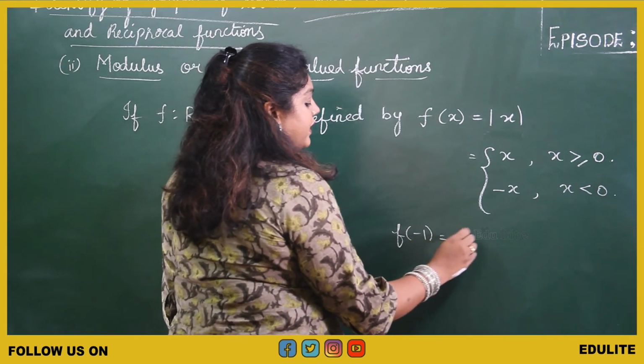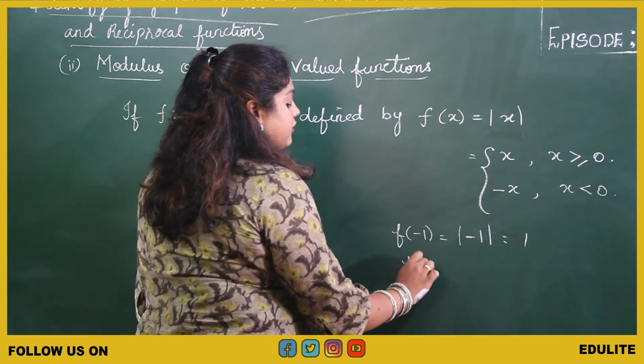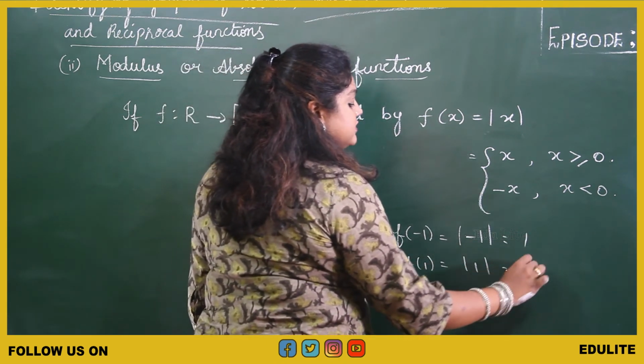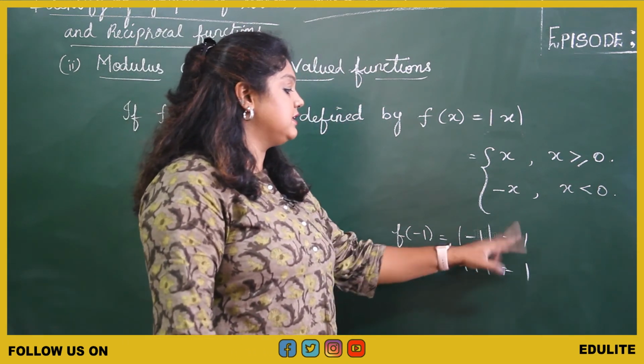F of minus 1, when it comes out of the modulus, becomes plus 1. F of 1 is modulus 1, which is also 1. So it is the same value. If it comes out of the modulus, it becomes a positive value.